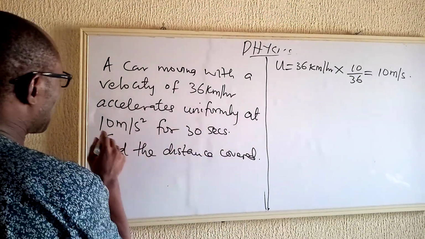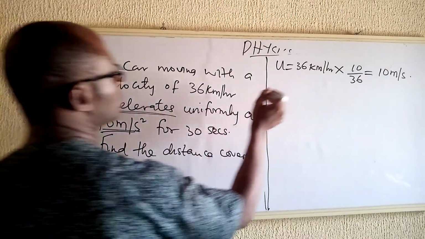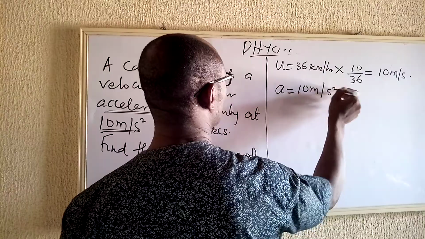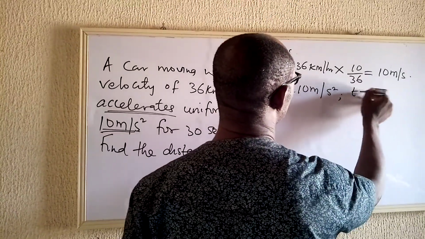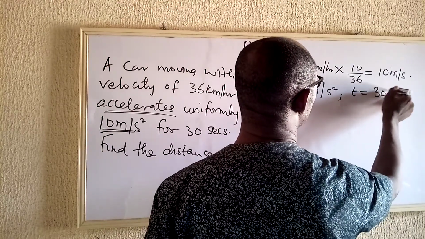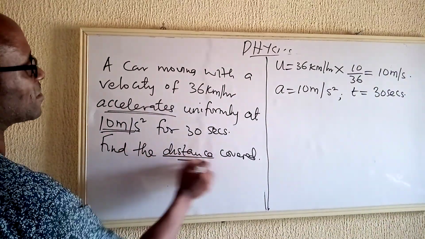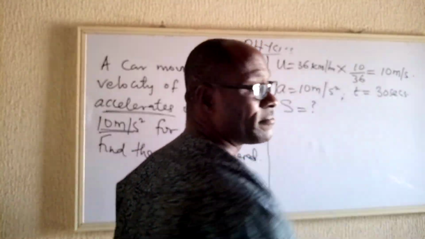Accelerate uniformly at, the word accelerate means positive. So a is 10 meter per square second, for 30 seconds. The time taken to accelerate is 30 seconds. Find the distance covered. So we are asked to find s, which is the distance covered within this time.